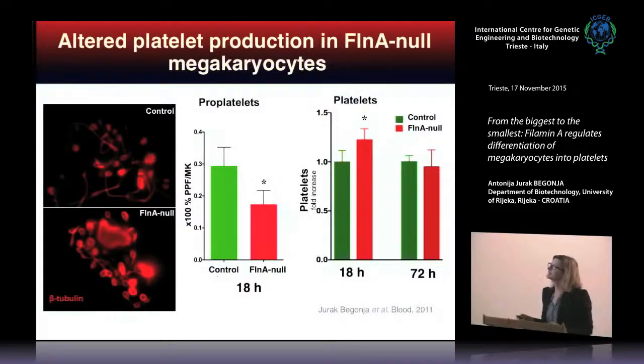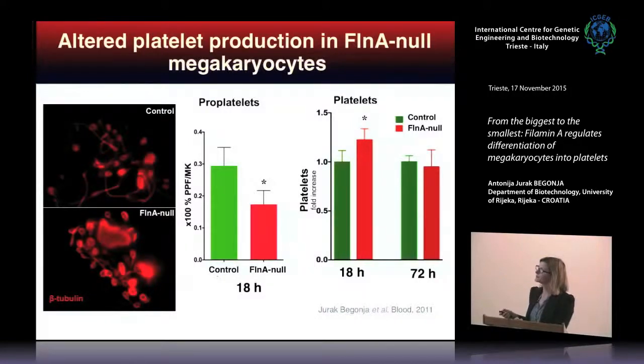Filamin A null megakaryocytes were able to make proplatelets. However, they made fewer than control megakaryocytes. What was interesting, at the same time, we measured released platelets in a culture, and in this case, if there is no Filamin A, there was an increase in platelet-like particles or platelets in a culture.